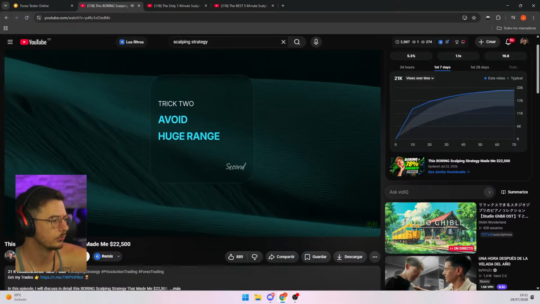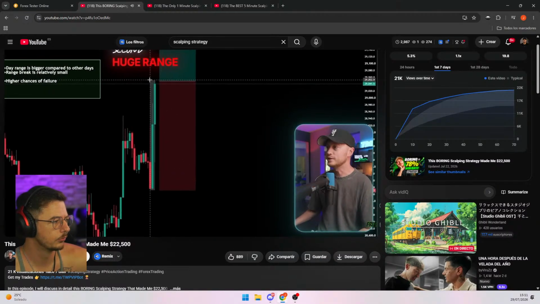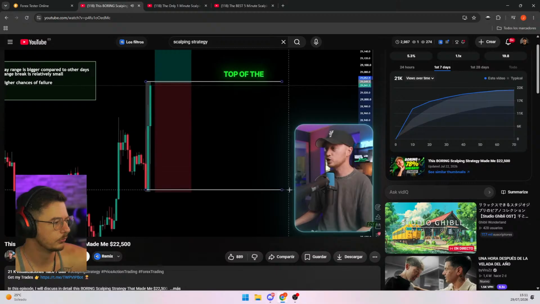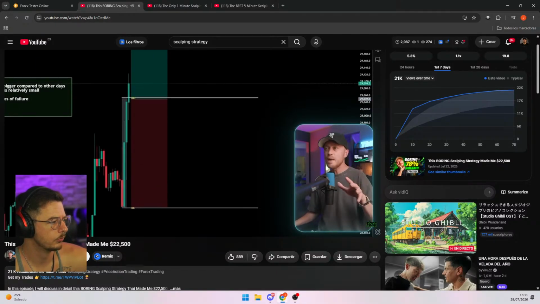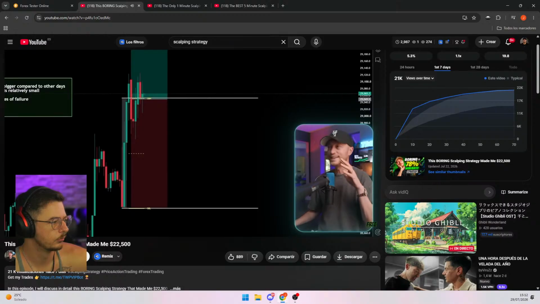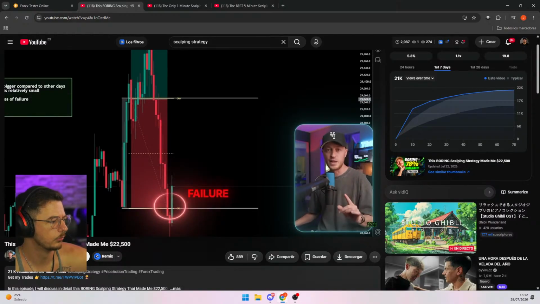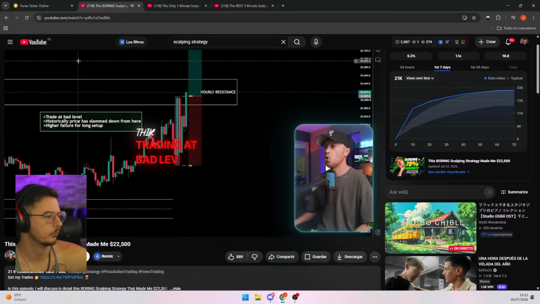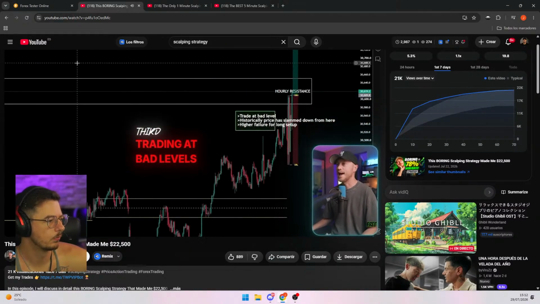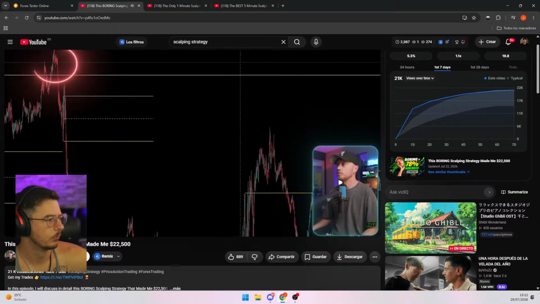which is what I want to avoid. The second thing I want to avoid is the huge range. You can see this range is massive. There's a ton of manipulation, and in my backtests, I've seen that in these conditions, there's just a much higher chance of failure. And the third and last thing I want to avoid when I'm ORB trading is trading at bad levels. Look at this level right here.